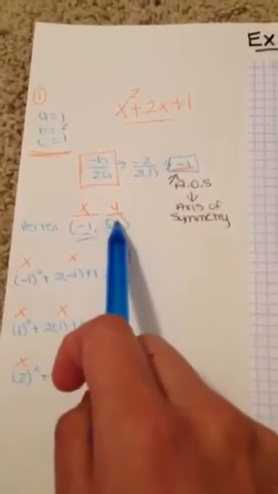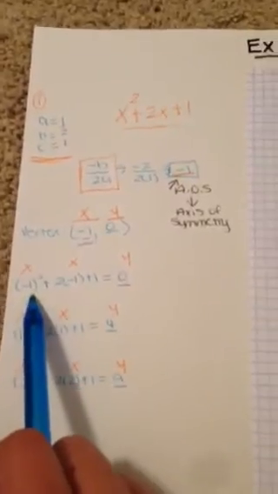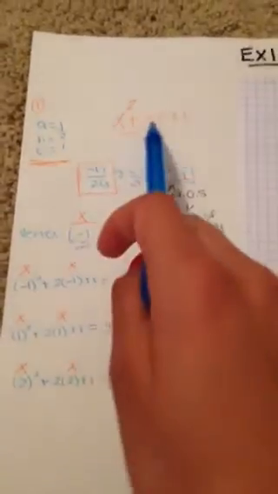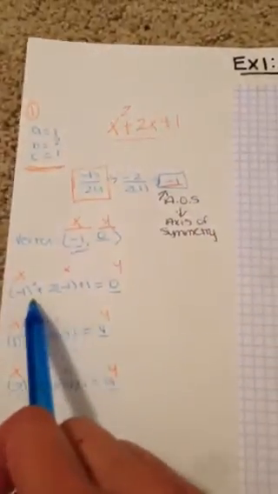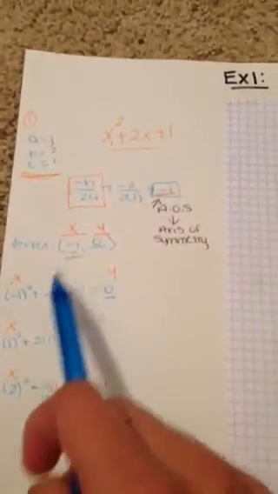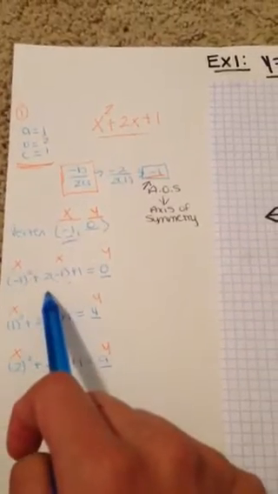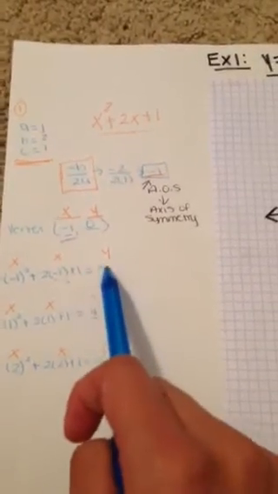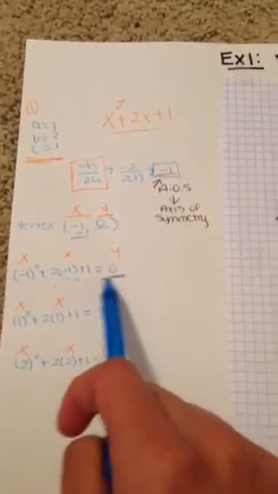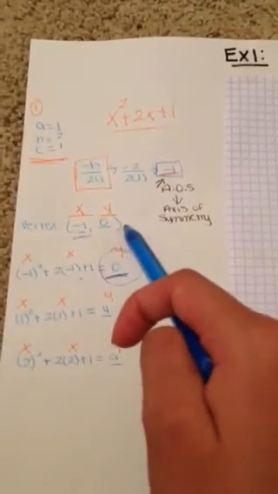Now, to find the y, I will show you how I achieve this. Everywhere the x is in the equation, you plug in what you got up here, which is negative 1. So negative 1 squared plus 2 times negative 1 plus 1 equals 0. There's the second part of the vertex, your 0. And that is how I got right here.